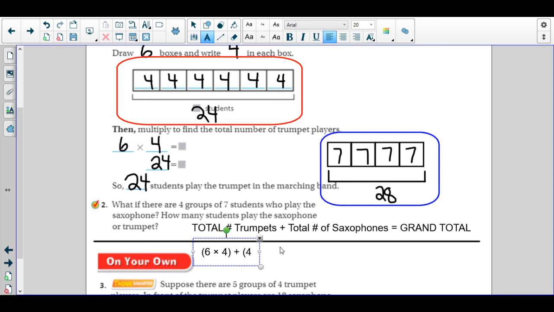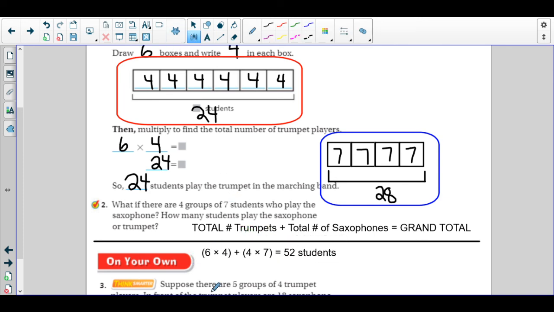We had 4 groups of 7 to give us a grand total of 52 students. All right, because we had the 24 right here and the 28 right here. Add those up and we end up with 52.